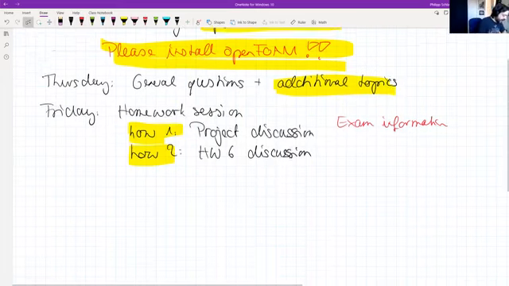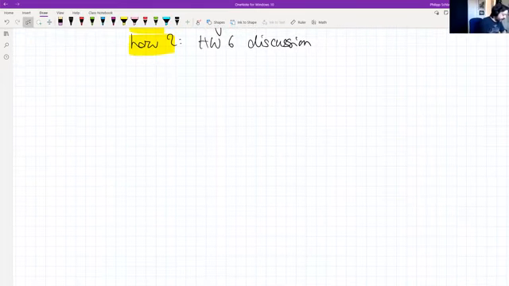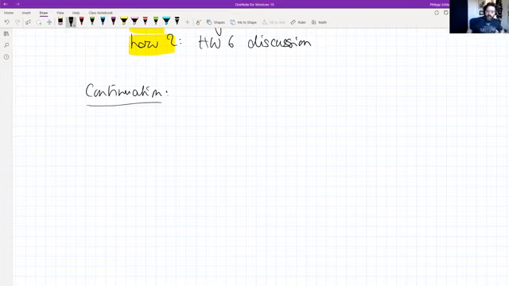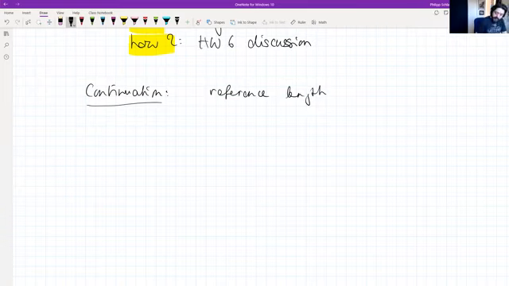Okay, so we are at the point that we reached last time, a continuation. We have done the non-dimensionalization of the project. So we have essentially introduced a reference length, which was essentially the height, Ly.